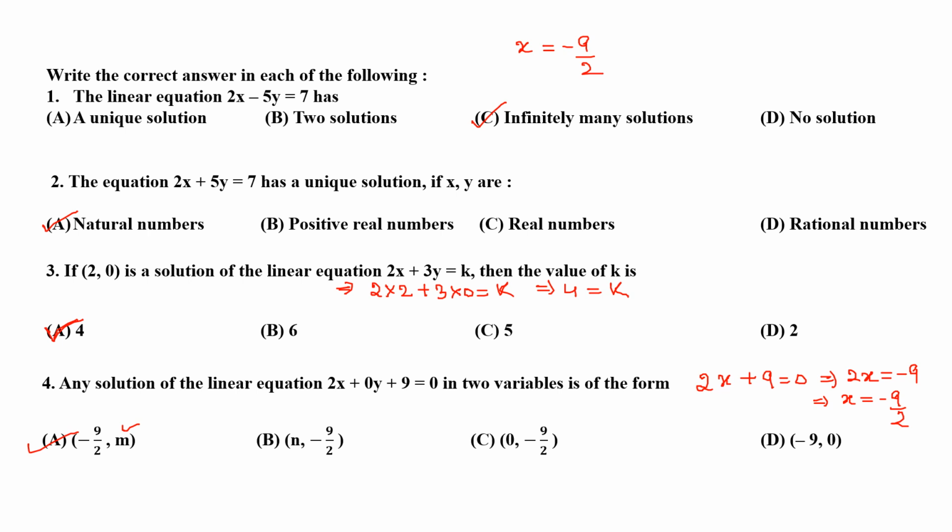So when you plot this graph, it will come something like this. Towards the negative side, it will be like this. Okay. Now this x coordinate is always minus 9 by 2, but y coordinate will keep on changing. For different points, your x coordinate will remain fixed throughout, but y coordinate keeps on changing depending on the value on the y-axis. Isn't it? That's why it is given as m.